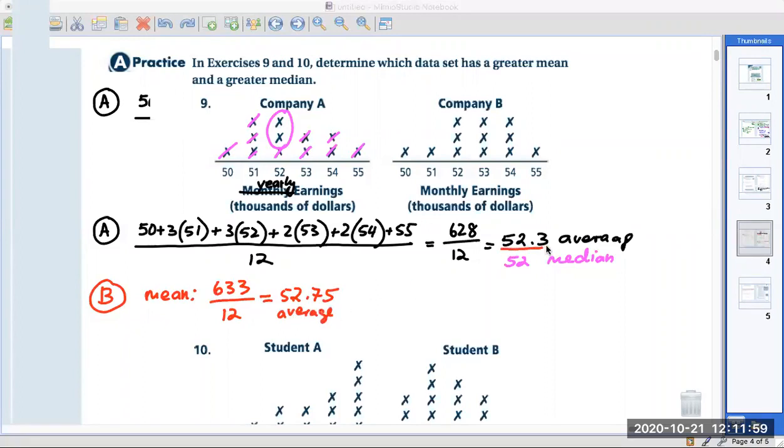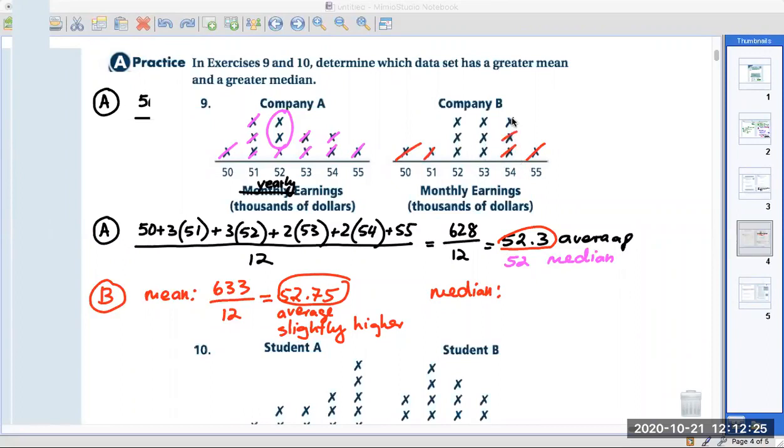Notice this one is 52.3. This one is higher, slightly higher than that one. And then the median, I'm going to do the same little trick. I go from the outsides in and cross off.